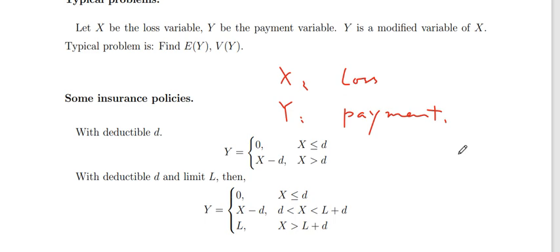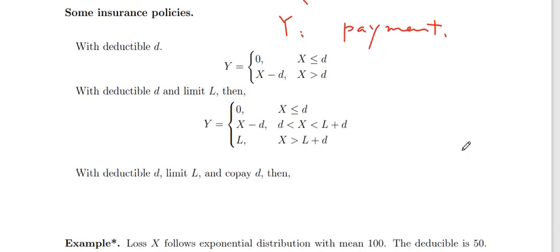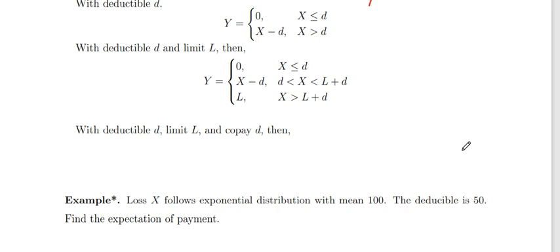They will have a deductible, or some co-pay, where you need to pay some, so the insurance company will pay some, right? So here we have those noted: deductible or limit, and co-pay.